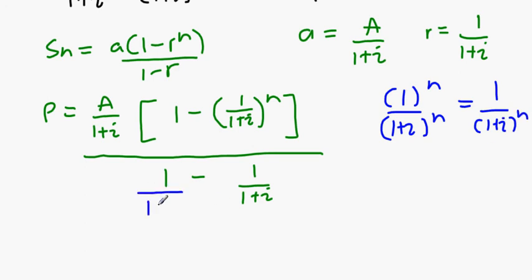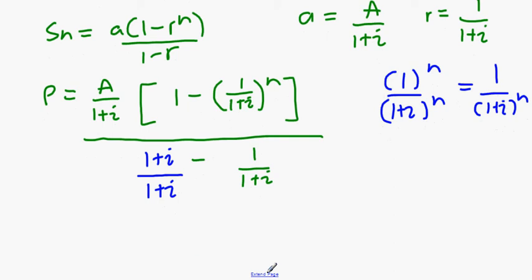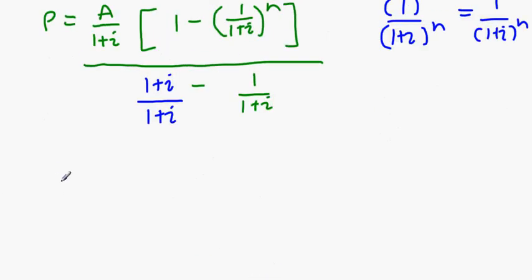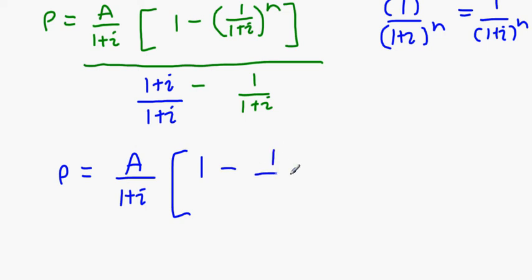I'm then going to adjust this here. I'm going to give them the same denominator. So 1 is the same thing as 1 plus I divided by 1 plus I. So what we're going to have here is P equals A into 1 plus I, multiplied by 1 minus 1 over 1 plus I to the power of n.